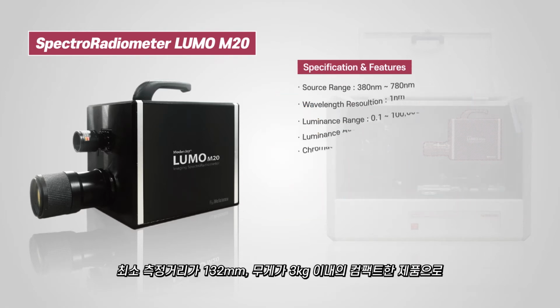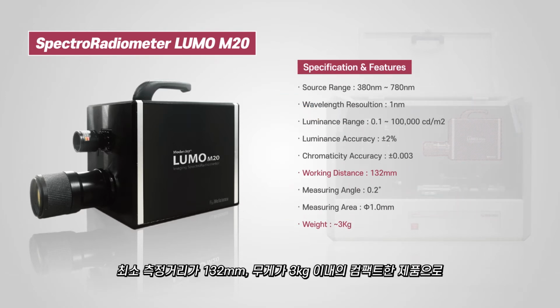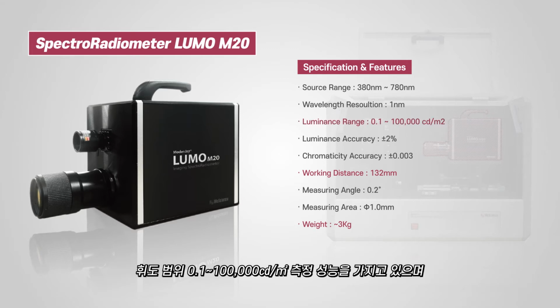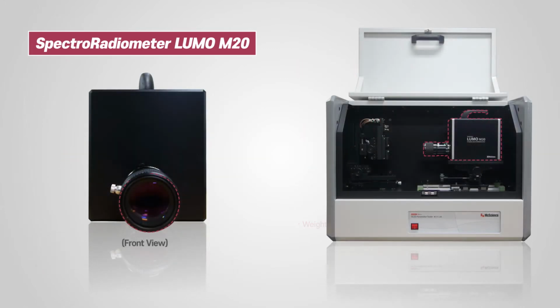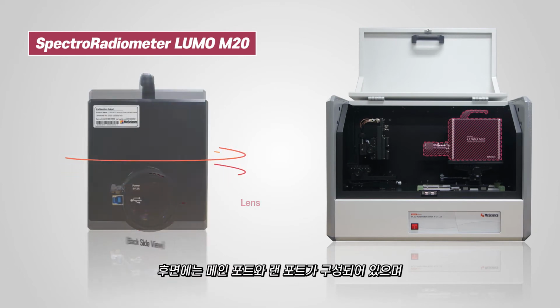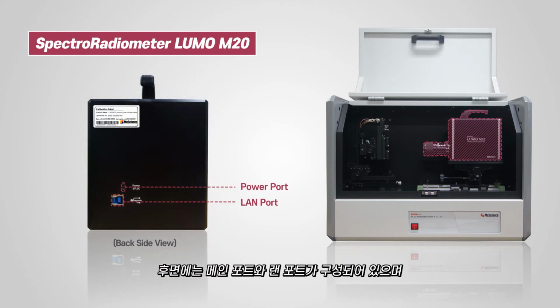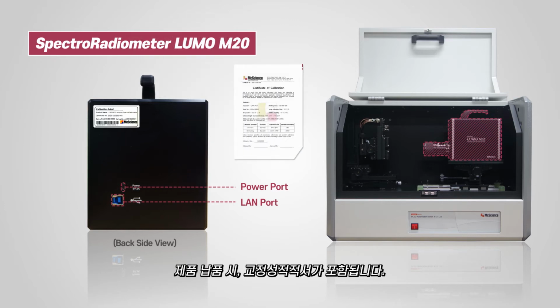It is a compact product weighing 3 kilograms and having minimum measuring distance of 132 millimeters, with luminance range of 0.1 to 100,000 cd/m². Luminance range can be adjusted depending on the specifications of the ND filter. Lens is located on the front end, and main power and LAN ports are located on the back end. Every product is accompanied by certificate of calibration.